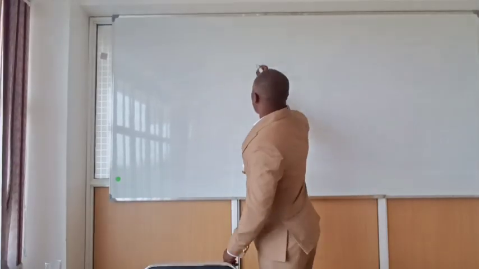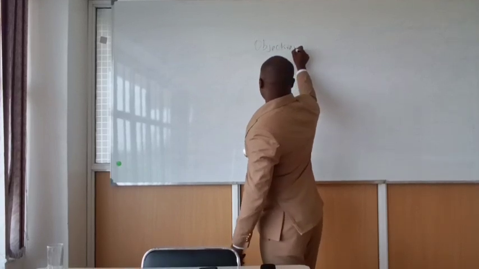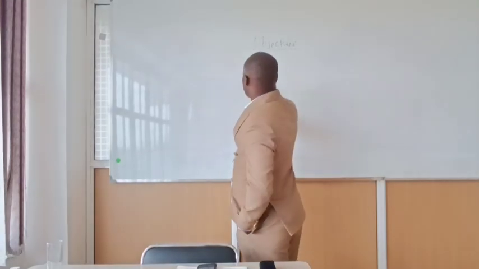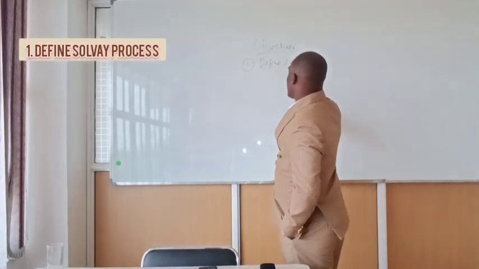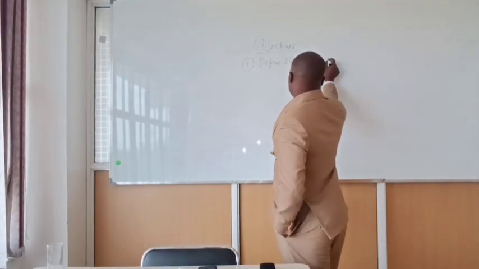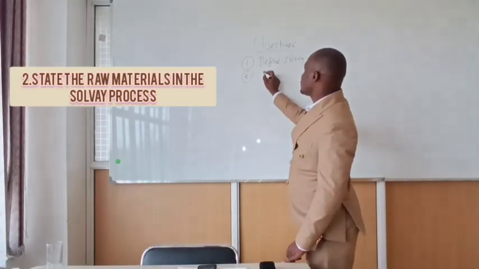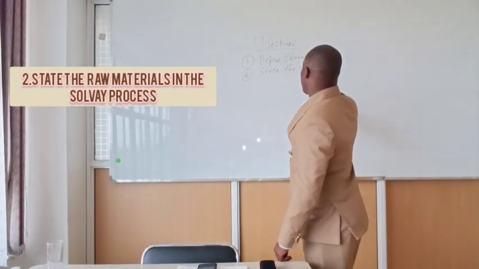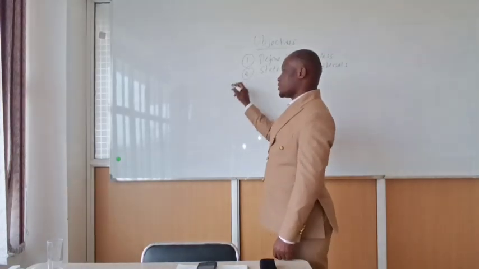By the end of this topic, you should be able to know the following. So we're going to highlight the objectives of this lesson. Number one, by the end of this topic, you should be able to define the Solvay process. Number two, the student must be able to state or enumerate the raw materials that are needed for the Solvay process.